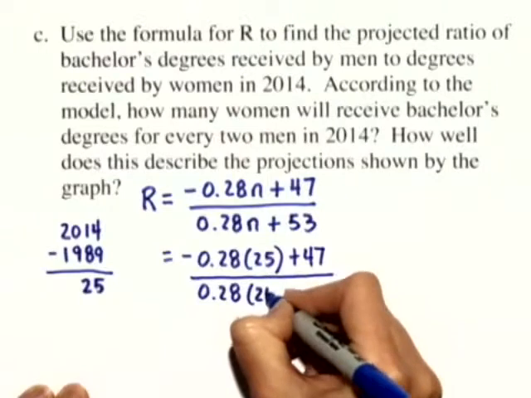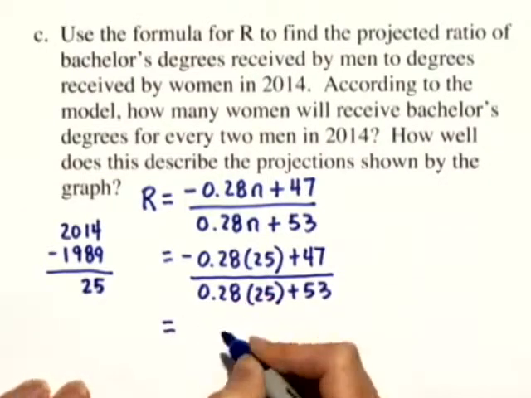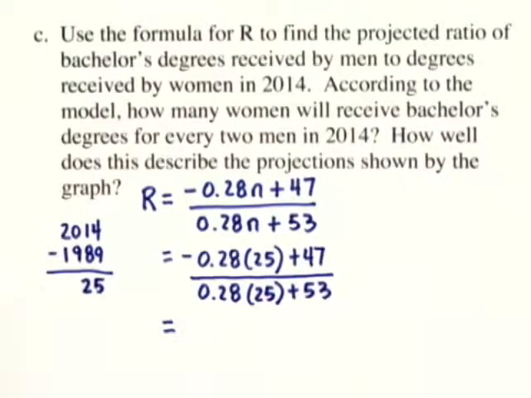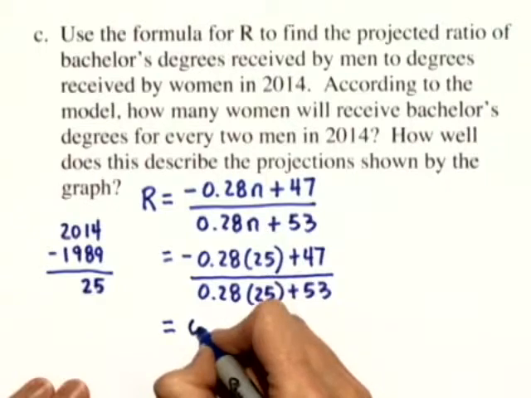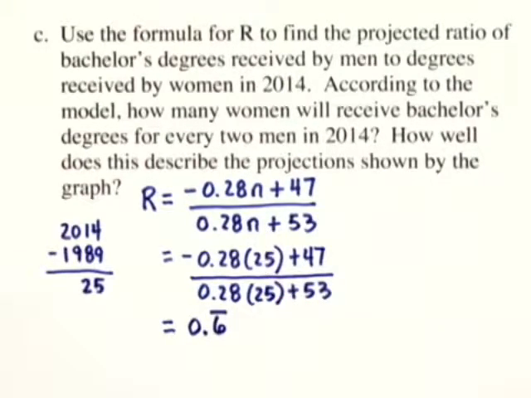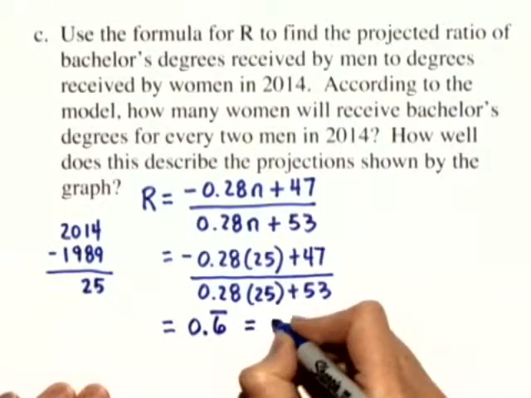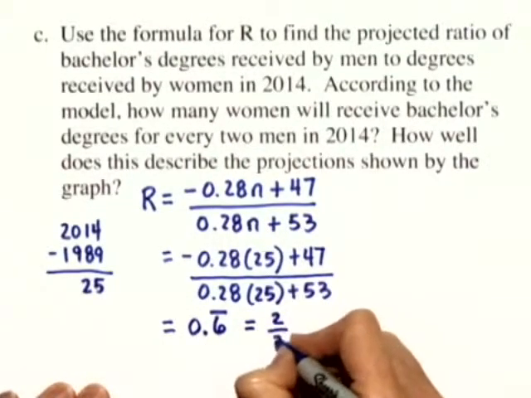We substitute 25 in again. When we calculate this ratio, we can use a calculator, and we come out with a total of 0.repeating 6. If you recall, 0.repeating 6 can be approximated by the fraction 2/3.